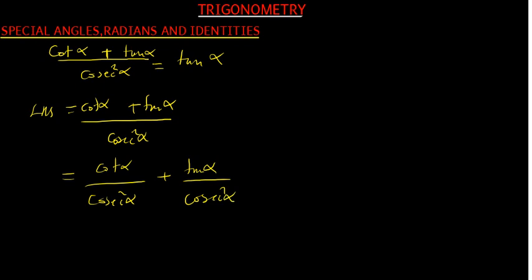At this point, we know that cot is the same as cos x over sin x. And then we are dividing by cosec squared.